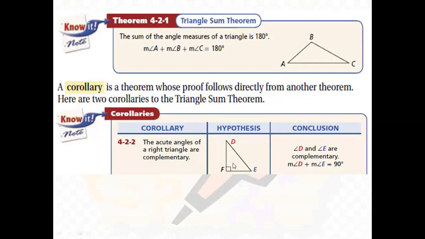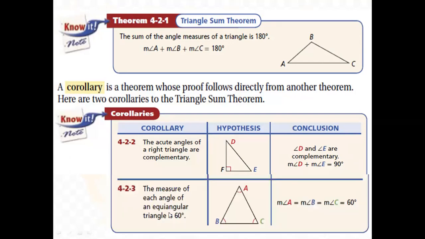Of course, in a right triangle one angle is a right angle, so the remaining two must add up to 90 degrees. That's what they mean by complementary. The other one is that in an equiangular triangle, each angle must be 60 degrees. We already learned about equiangular triangles in lesson 2.